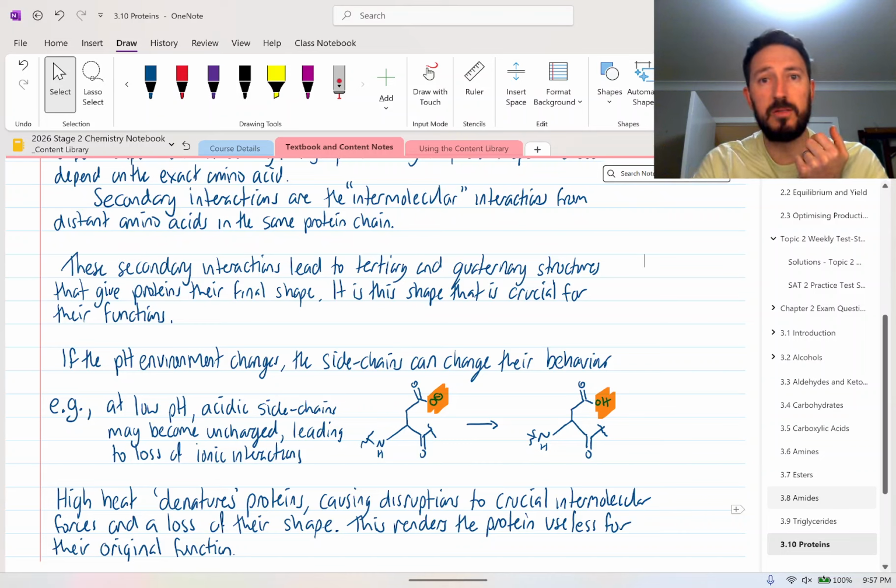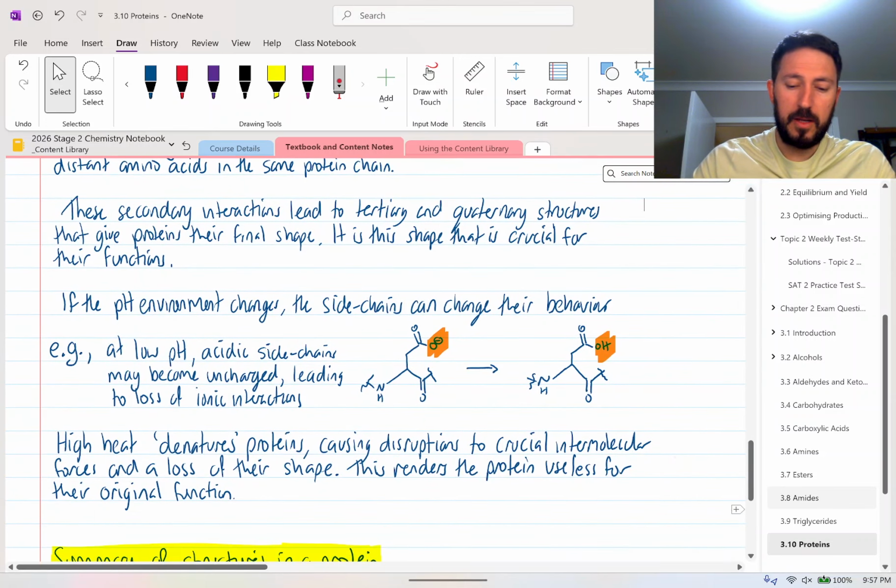So if the structure is messed up, because the order of the amino acids is wrong, or the chemical environment, so the pH, has been messed around, so the intermolecular forces are disrupted, then it can destroy the structure. And if the structure is gone, the function of that protein is also gone.